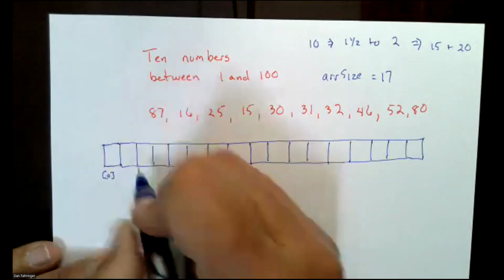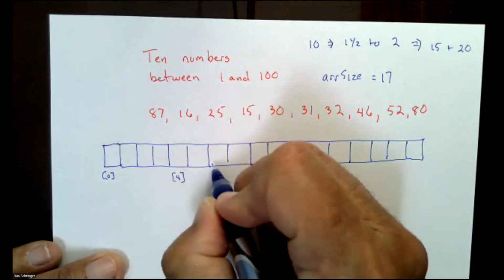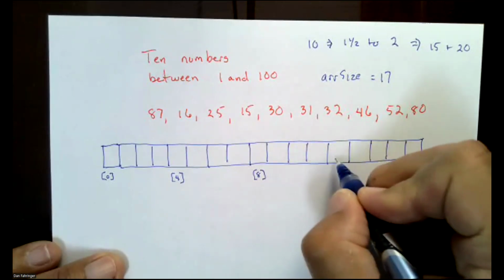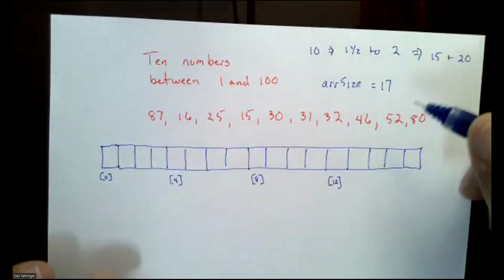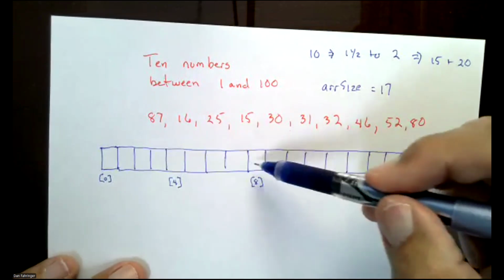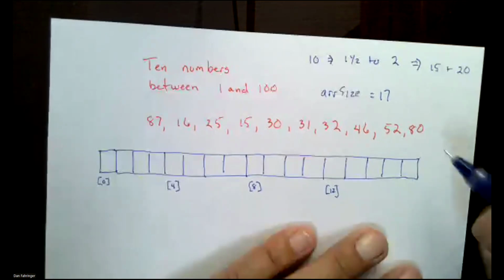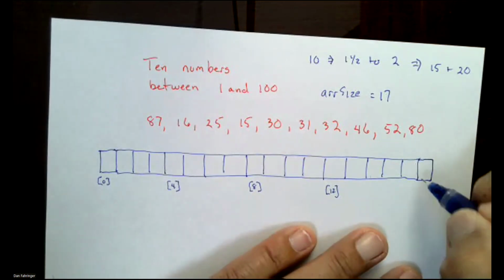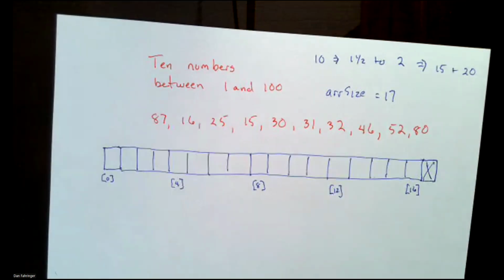17. This is 0, 2. I don't know why I added one there.